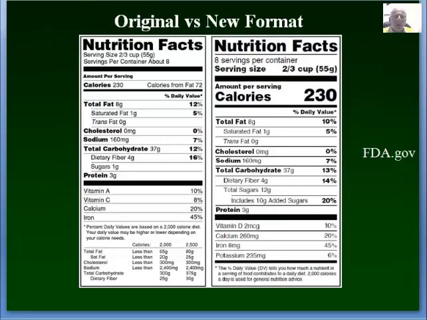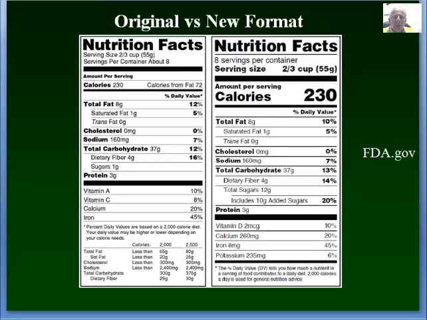And as we look at the old nutrition facts label, which is to the left, and then we look at the new label, you're going to see that serving sizes and calories are much larger in terms of print size. They're a little different. Serving sizes have been redefined when we get into the new regulations related to the nutrition facts label. And you'll see a couple other changes as well that are easy to note.